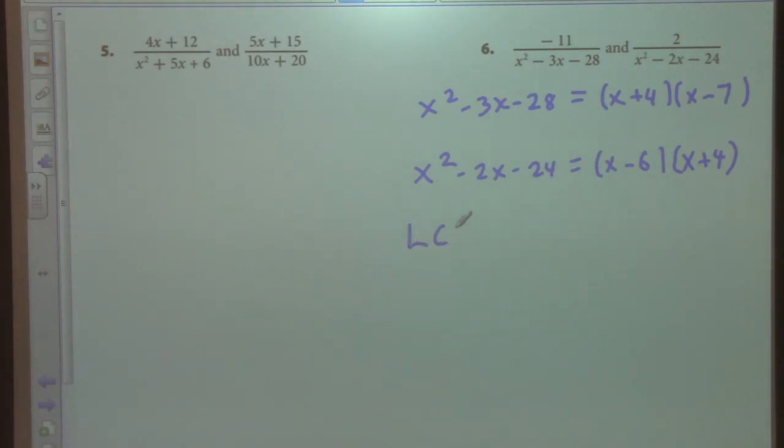We're going to go ahead and determine our LCD. What's going to be our LCD based on these two denominators factored? So that would be x minus 6 times x plus 4 times x minus 7. That's supposed to be x plus 4, okay.